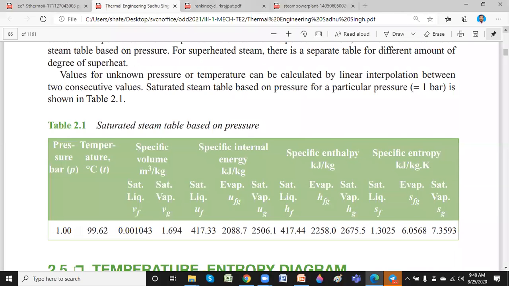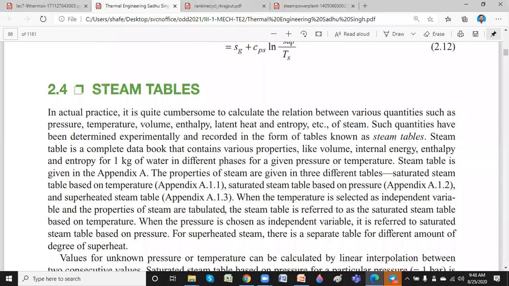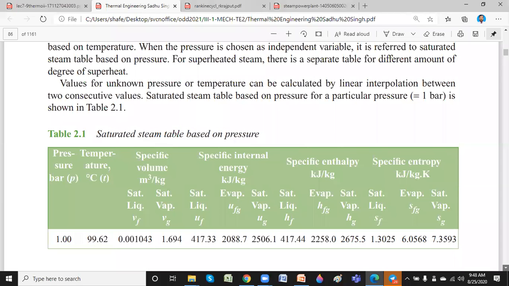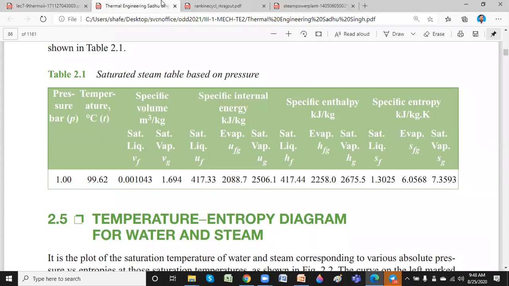This is basically a steam table structure. Any steam tables you have, let me take some annotation here. Now you can see here, for any steam tables what you are going to refer, you have all these properties. I hope maybe internal energy won't be there in your steam tables, but anyhow, these are the properties of your steam.